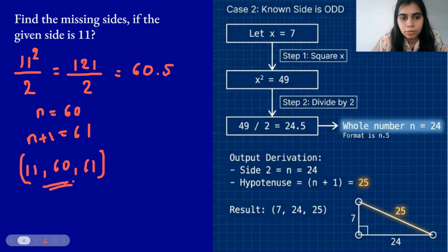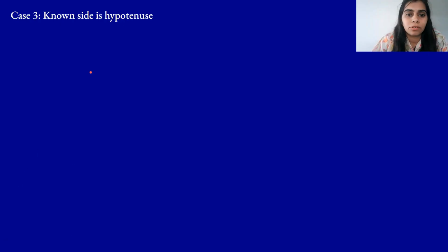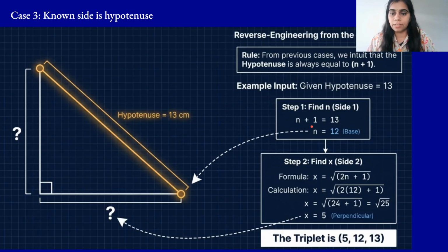Now the third case: we are given the hypotenuse of the right angle triangle, and we need to find the other two sides. You know that n plus 1 is always your hypotenuse. So given the hypotenuse, n plus 1 is 13, so the n value is 12.